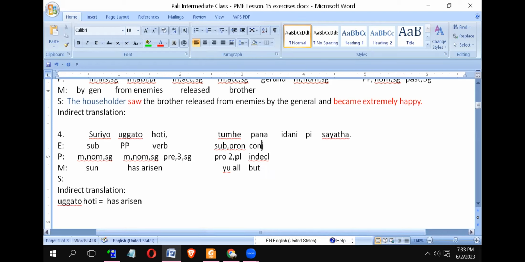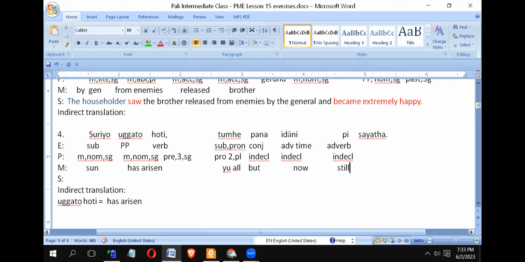And then idani is an adverb of time, indeclinable, meaning now. Then pi is an adverb which explains sayata, also indeclinable, meaning still, even, too, or so.